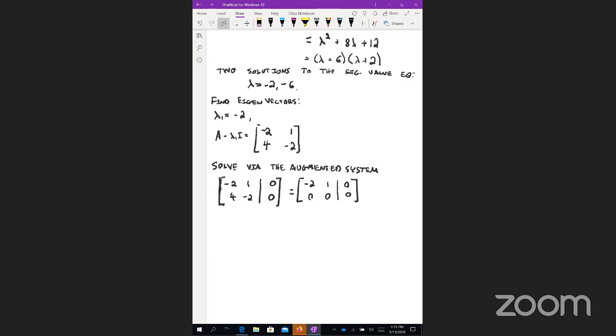We're going to get v1 is equal to (1, 2). Great. I can do another step here if people don't remember this, but are we good so far?